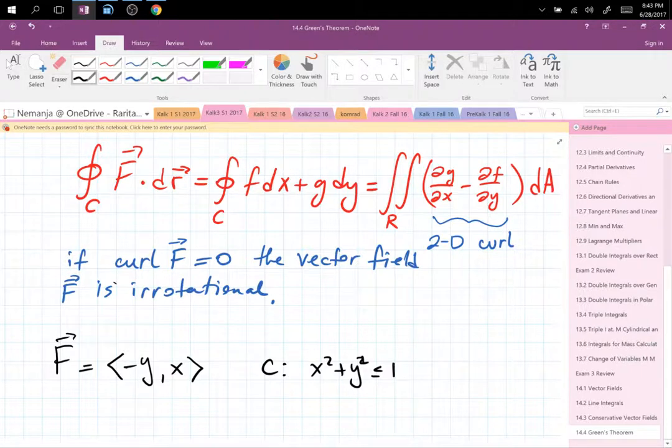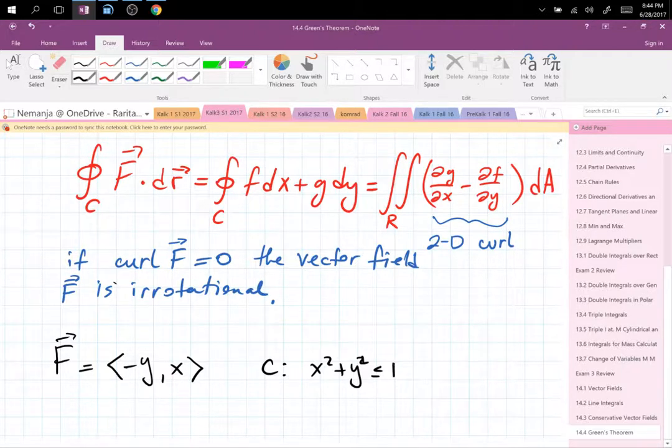There are no holes in it of any kind. And with counterclockwise rotation, if you pick x equals cosine t and y equals sine t, we experience counterclockwise rotation. So all of those things are at play. We have everything there.